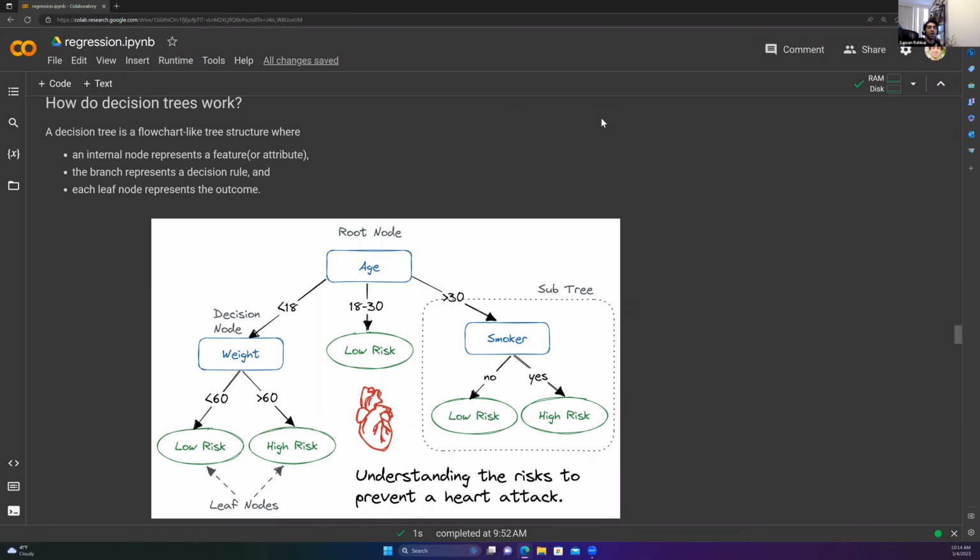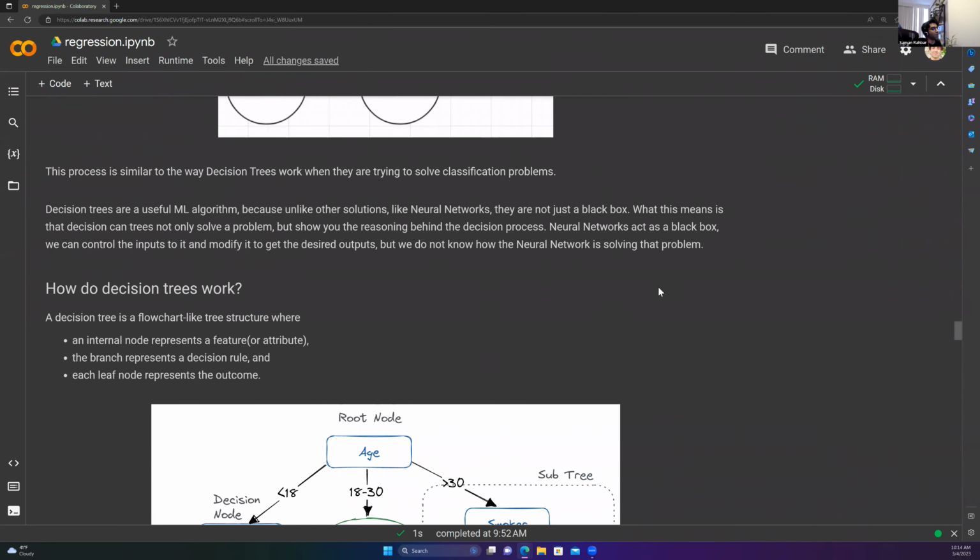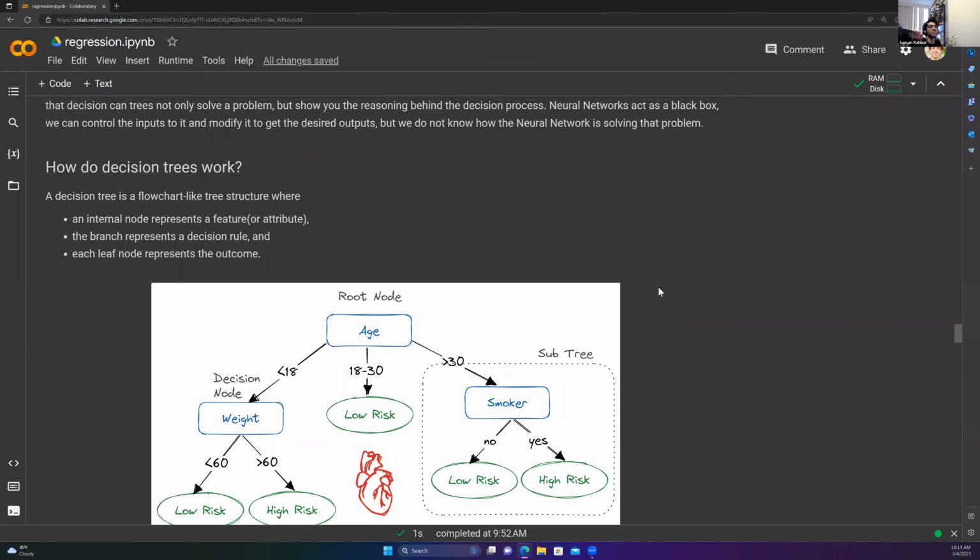So the core idea in decision trees, and random forest uses decision trees, I'll talk about that in the next section. But the core idea in decision trees is this. If you understand this, that's it. We want to reduce noise, we want to reduce variance, and get to the less noisy attributes that can explain the outcome in the best possible way with not much variance.